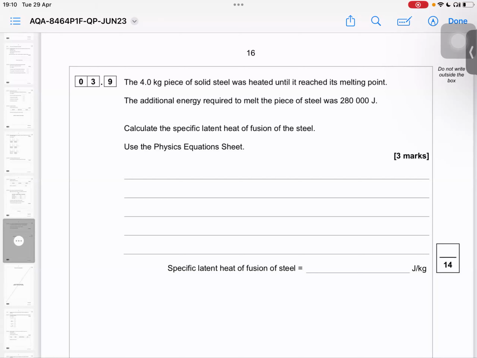But from my own little experience, I know that there's a formula for specific latent heat, and it's given by Q, that's quantity of heat, Q equals mass times LF. The LF stands for latent heat of fusion. So it's just a simple formula, M times L, period. So if I'm to find L, I'll simply divide both sides by M.